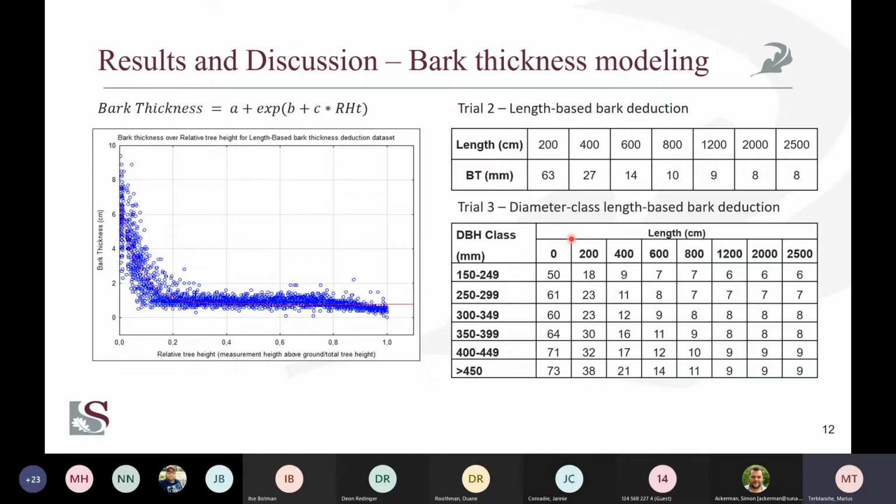The diameter class length-based was exactly the same, just with an added class based on DBH. So for a specific DBH tree size, there would be a bark thickness allocated to that DBH class, and then based on the position of the tree from the base where that bark was.